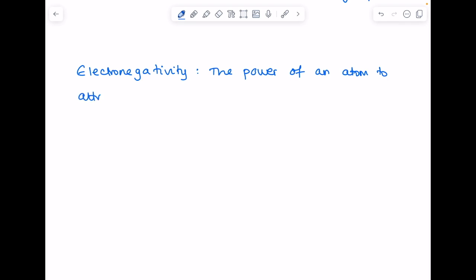So let's start by reminding ourselves what the term electronegativity means, because otherwise we won't understand why electronegativity decreases down the group. In case you're asked to define this, electronegativity is the power of an atom to attract a pair of electrons towards itself in a covalent bond.